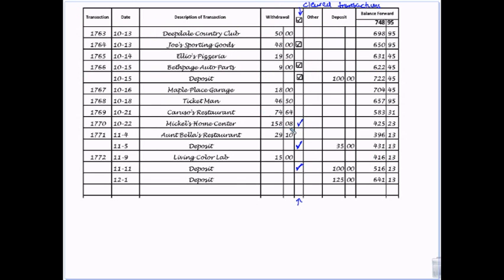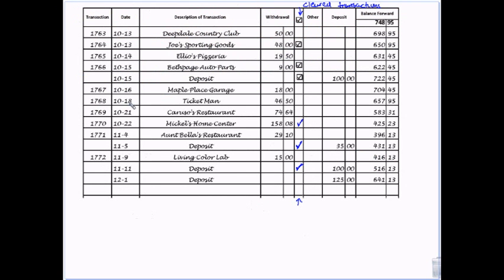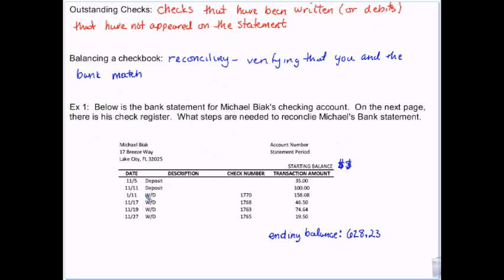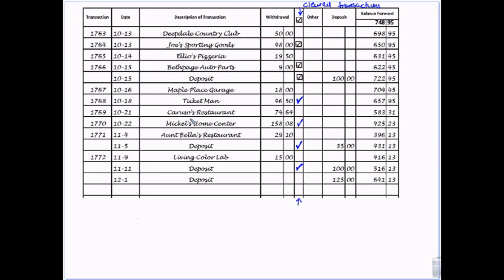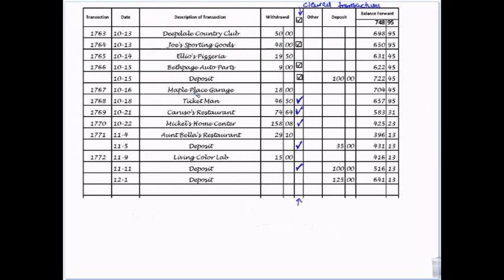I check those amounts and make sure that they match. And then I check it off. I have 1768 for $46.50. So 1768, $46.50, we're good. 1769 for $74.64, we're good. And then 1765 for $19.50. Okay, good.